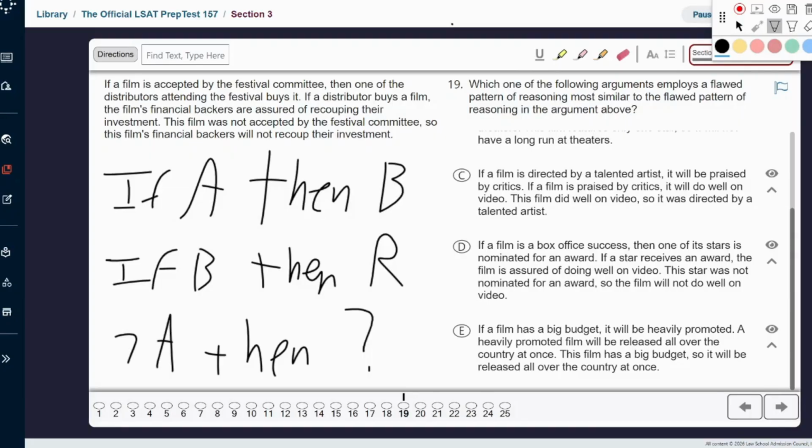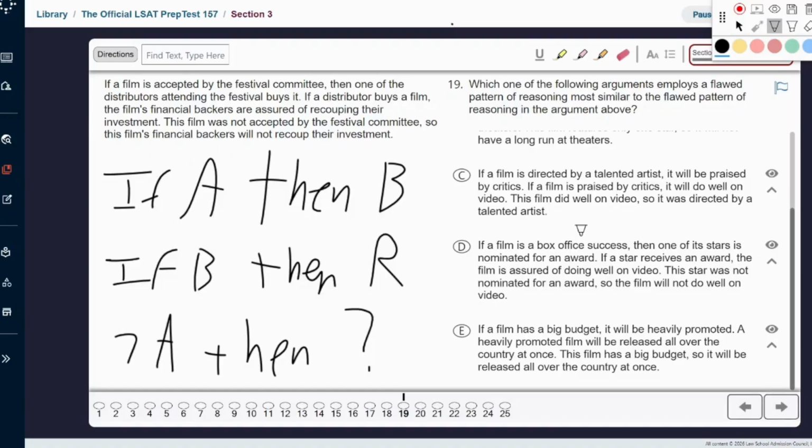No, that's still wrong, because I want something here that says, this film was not directed by a talented artist, so C is out as well. So D: if a film is a box office success, then one of its stars is nominated for an award. Sure, it's a sufficient condition. If a star receives an award, receiving an award and being nominated are two different things, so D is out.